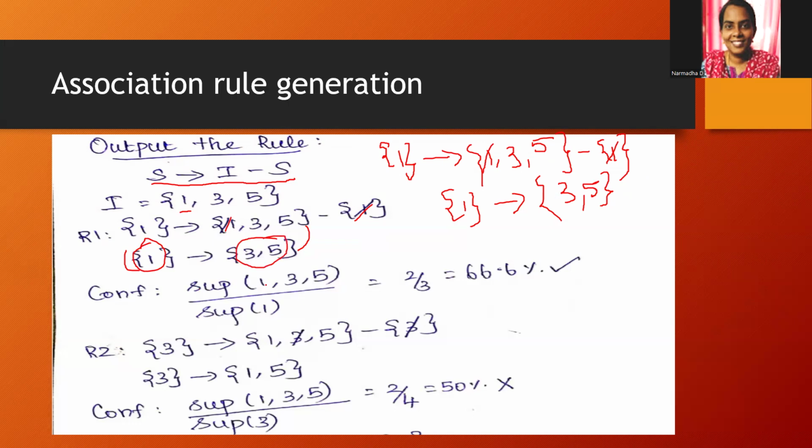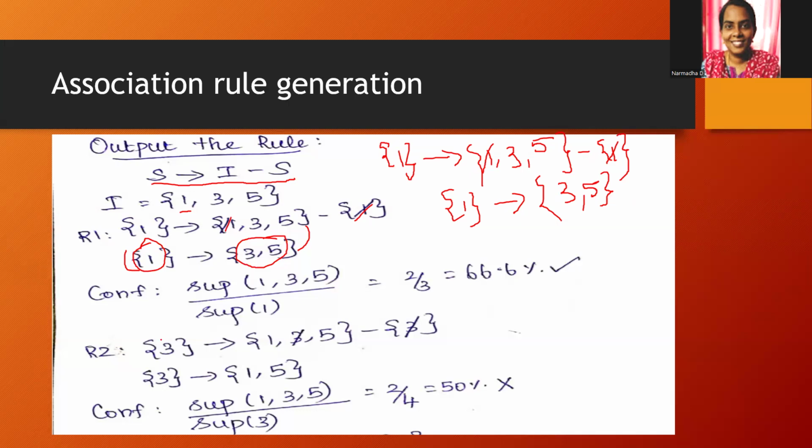So it is support of 1, 3, 5 divided by support of 1. 1, 3, 5 appears 2 times in the transactions, divided by support of 1, which appears 3 times. On calculation, we get the answer as 66.6%.